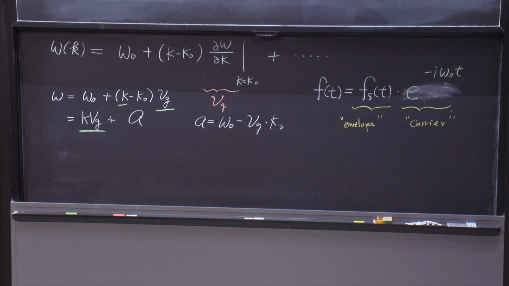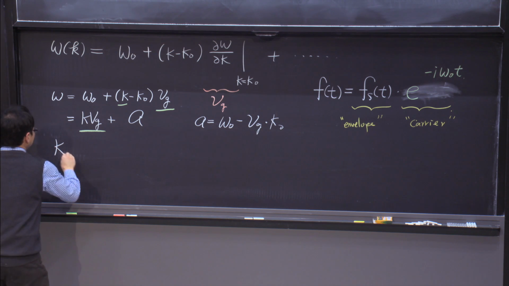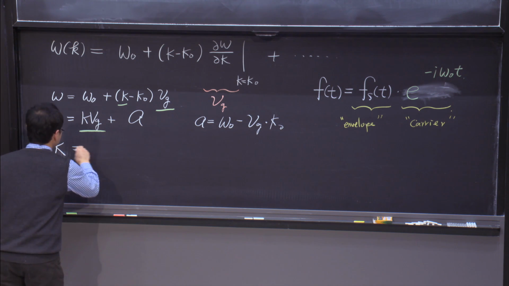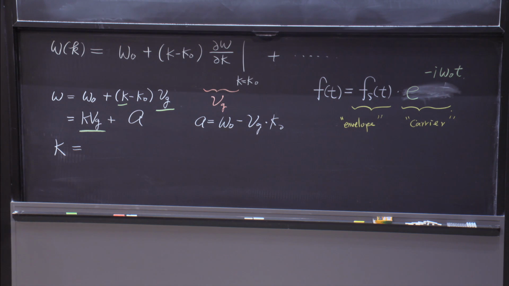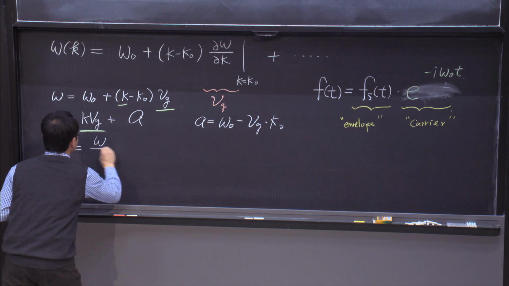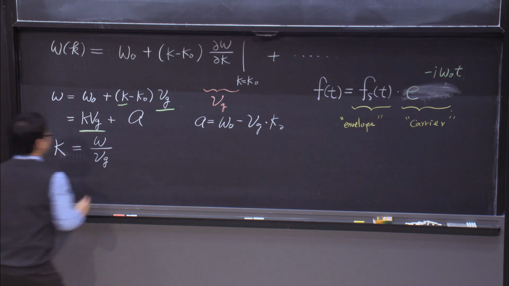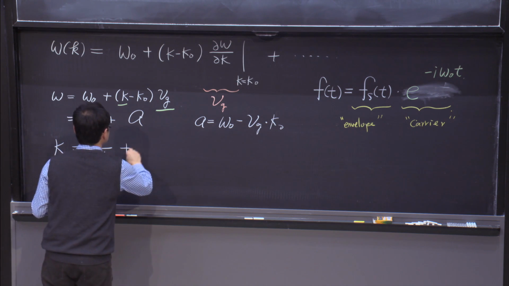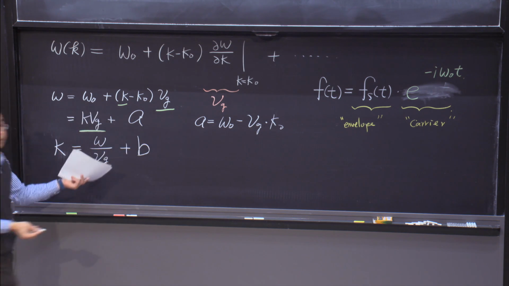Okay, with this formula, I can solve for the functional form for k, as a preparation for what I'm going to do later. So k can also be expressed as omega over vg plus b, right? b is just some constant.